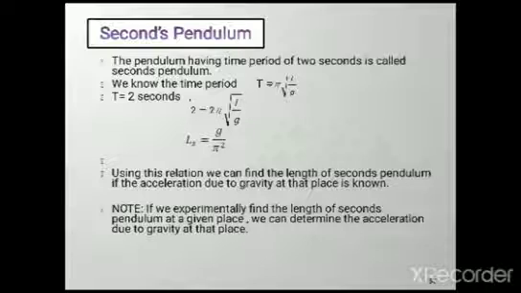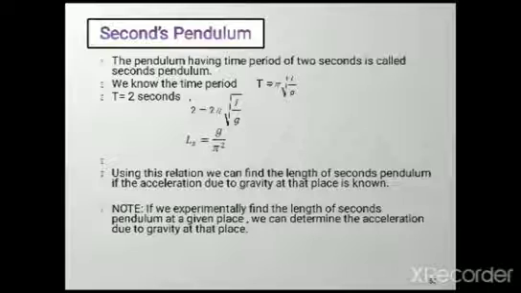So 2 will get cancelled from both sides. For a seconds pendulum, its length is denoted by Ls. Hence Ls is equal to g/π². Using this relation, one can find the length of a seconds pendulum if the acceleration due to gravity at that place is known.